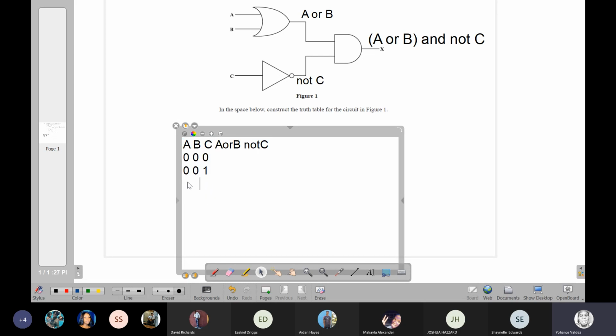So 0, 0, 0, 0, 0, 1, 0, 1, 0, 0, 1, 1, 1, 0, 0, 1, 0, 1, 1, 1, 0, and 1, 1, 1.